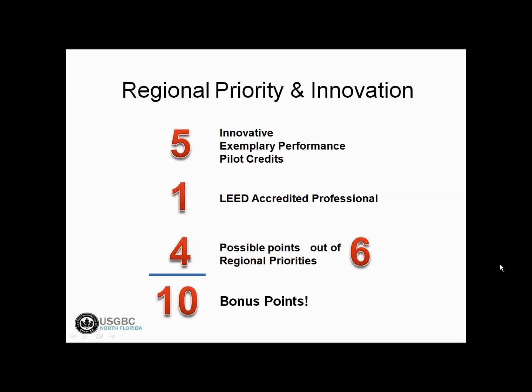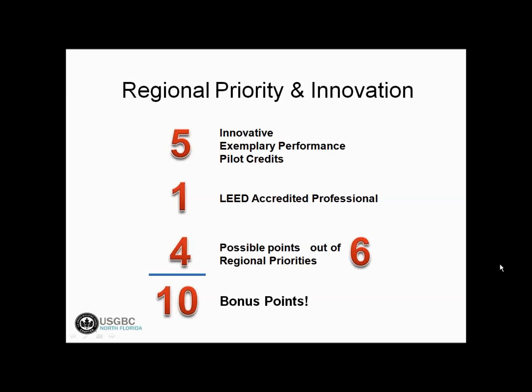And then there are the regional priority points, based on your zip code. You type in your zip code, and a list of 6 possible regional priority credits comes up, things that have been deemed important to your area. These are existing LEED credits. So if you're in Phoenix, one of the regional priority credits that's going to come up is water use reduction.